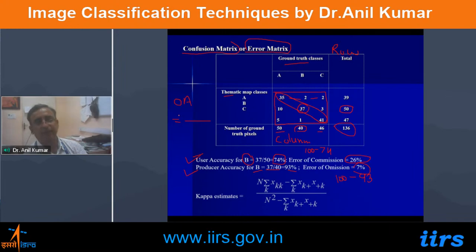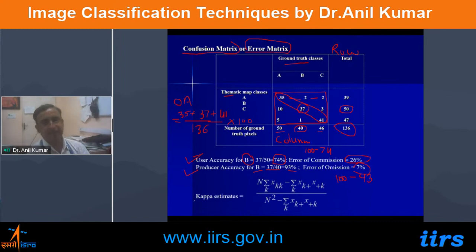So here you can find 35 plus 37 plus 41 divided by 136 and then multiplied by 100. So this will be in percentage. Then you can calculate the overall accuracy of your classified map.